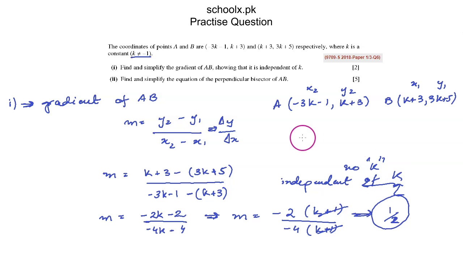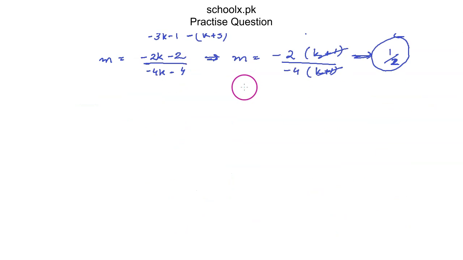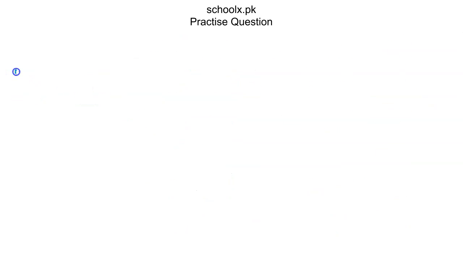Now moving on to part 2, it says find and simplify the equation of the perpendicular bisector of AB. Let's say this is our point A, this is our point B. The perpendicular bisector of AB will cut the line AB exactly at its center, the midpoint of AB, and will be at 90 degrees to AB.